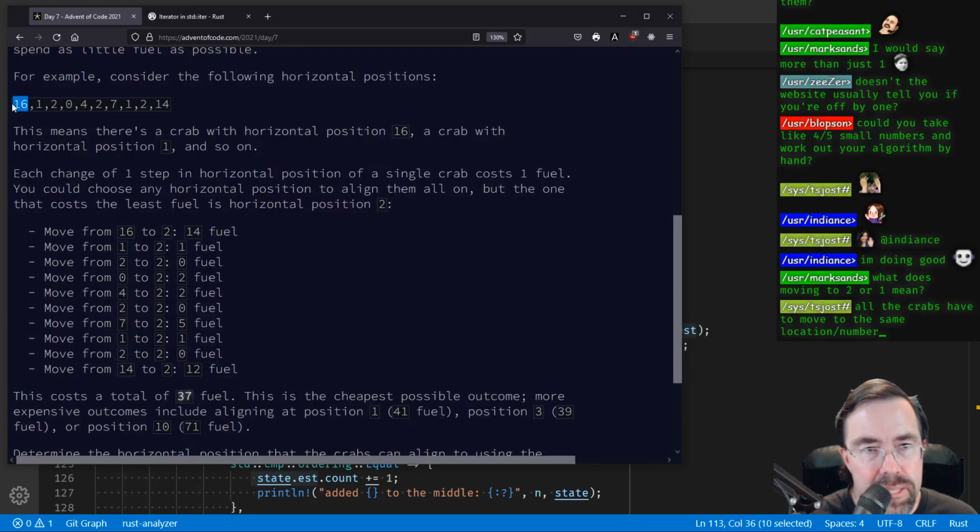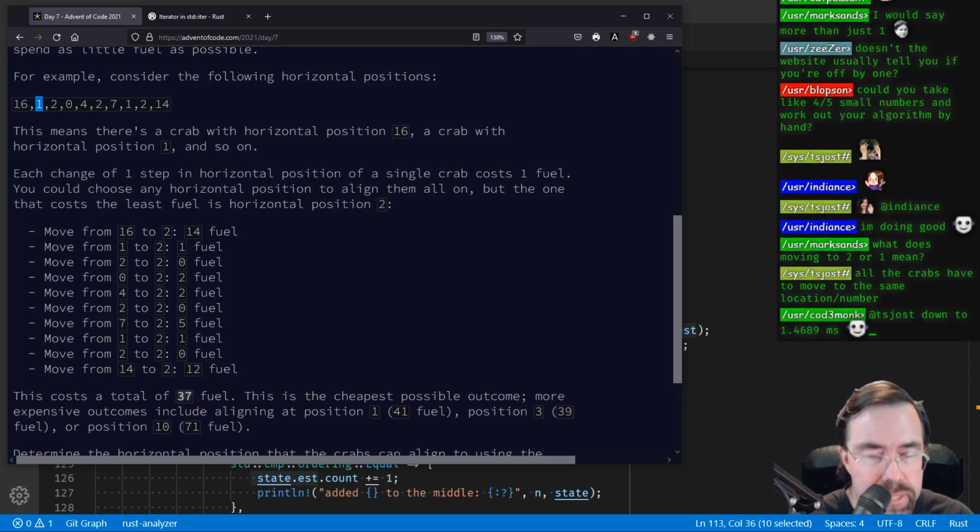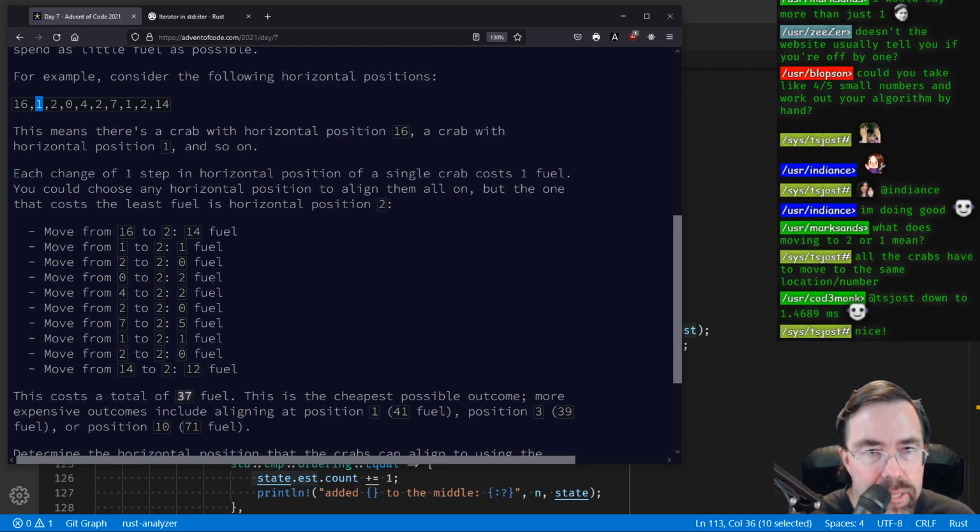So you start with 16, you say, I estimate 16 because there's no fuel. Then you add 1 and you're like, okay, well, I can move to 1, but there's no improvement, right? Either the one at 16 has to move to 1, the one at 1 has to move to 16, or they have to split the difference somehow, right? It doesn't matter, so you just pick any position.